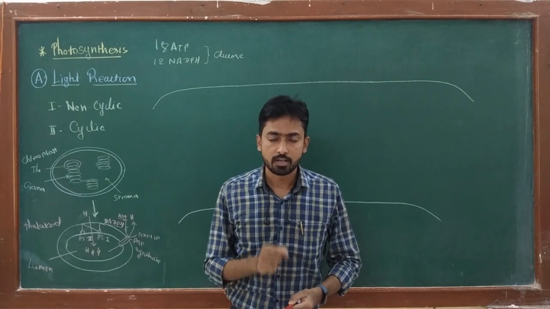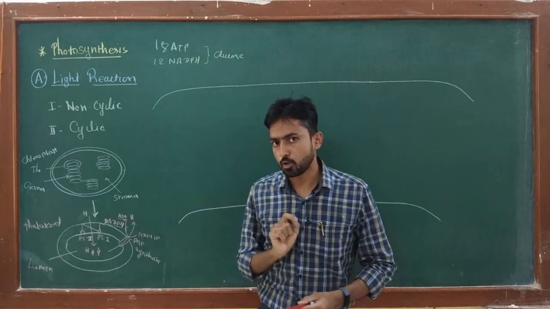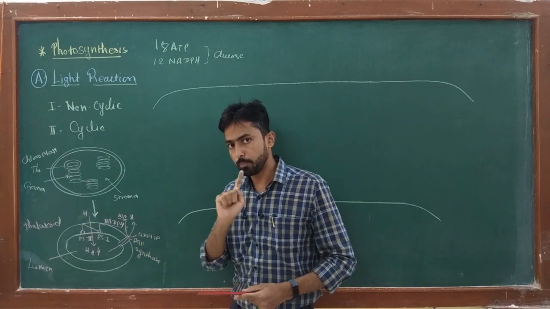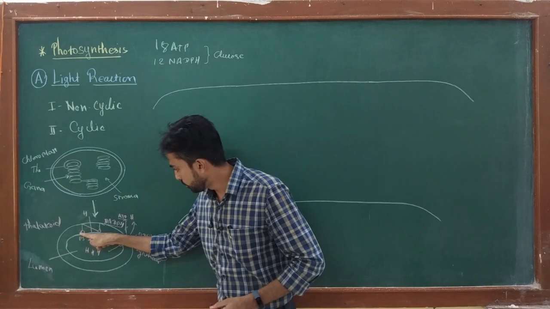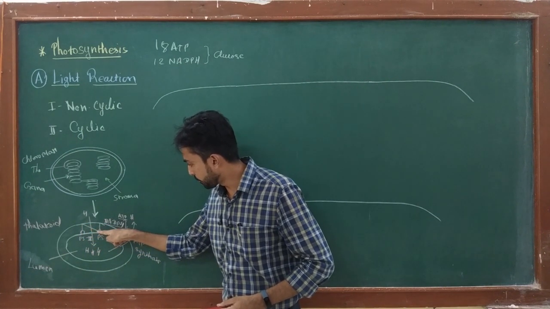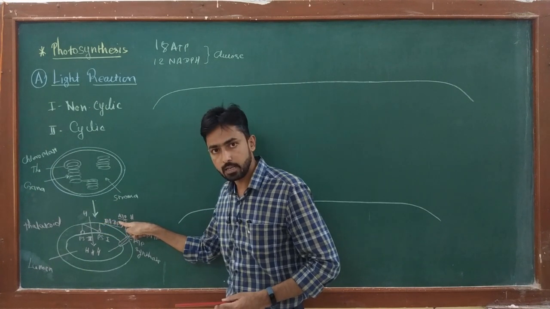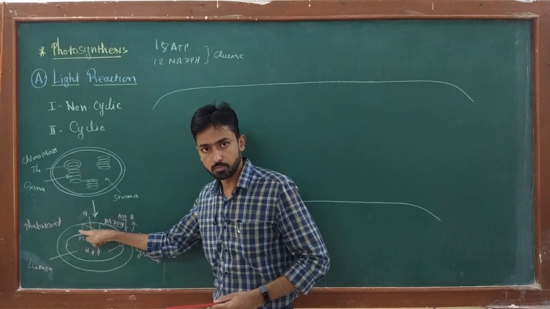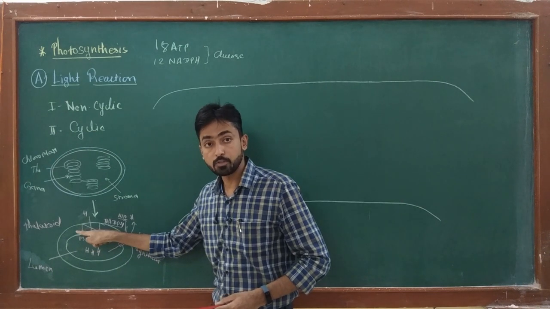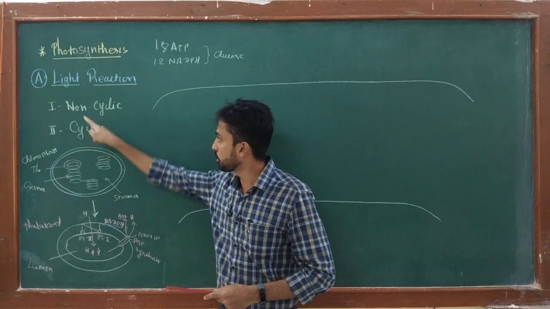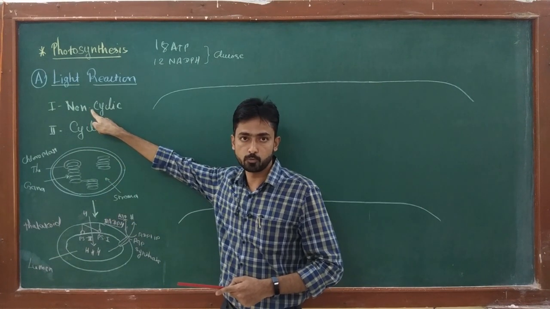Dr. Arnold discovered two types of electron flow in the light reaction of photosynthesis. In the first flow, electrons that leave photosystem 2, enter photosystem 1 and then go into NADPH, do not come back to photosystem 2. That means one-way traffic occurs, and that type of electron flow is called non-cyclic photophosphorylation.